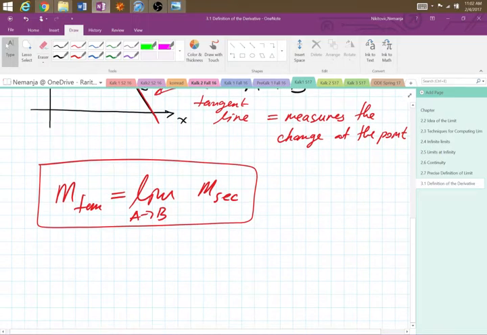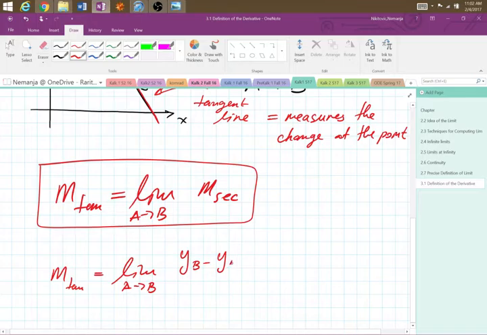The details are that m tangent is equal to the limit when a goes to b, m secant, of yb minus ya over xb minus xa. We also know that y equals f of x.